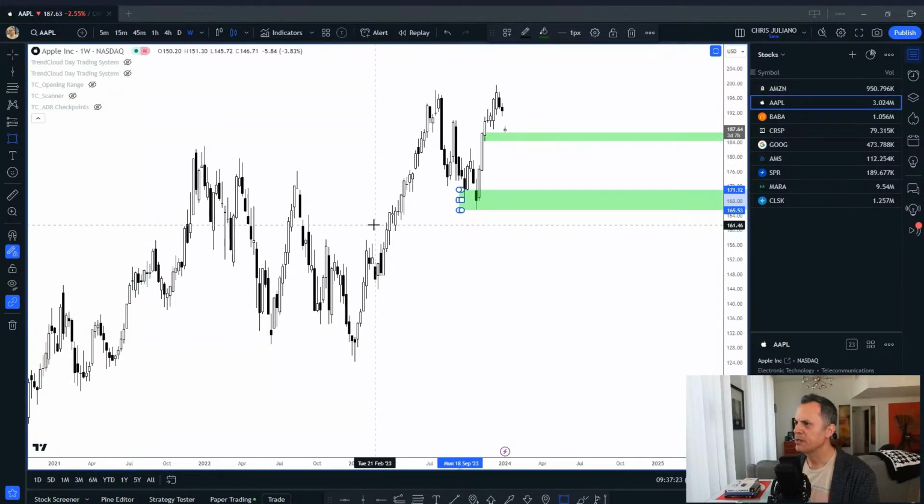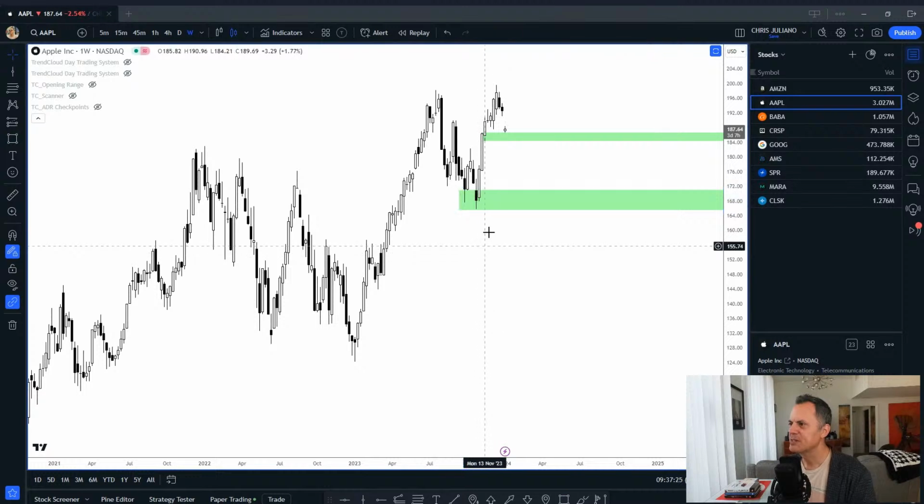160, 161. Okay, so what they did was they said, all right, well, here's the level. Let's just go a little bit further down below that. And you've got that right here. Okay, so yeah, Apple does on the weekly chart have room to go all the way down to here, right? So they probably looked at this chart, Hitch, and they said, you know what?